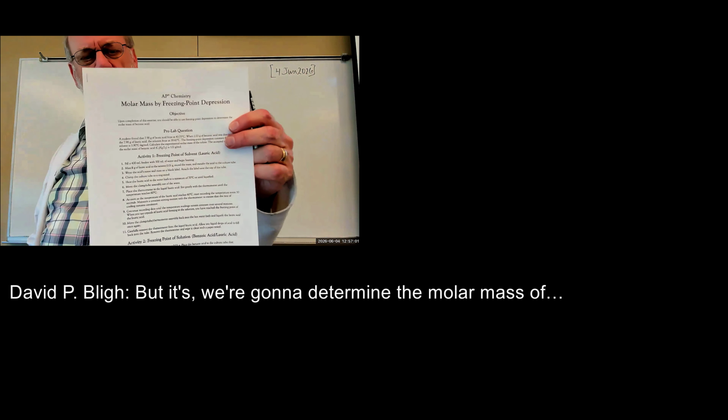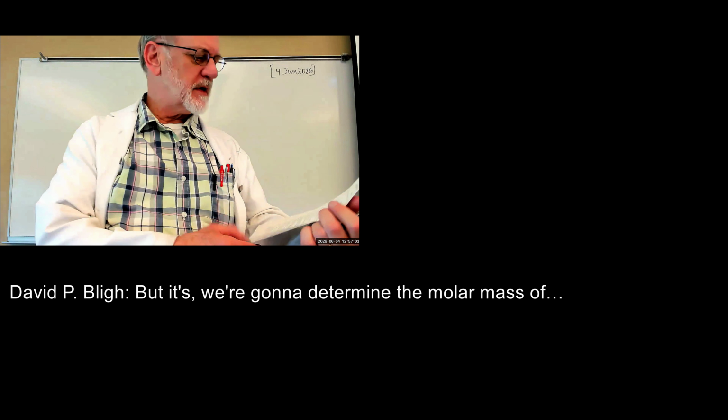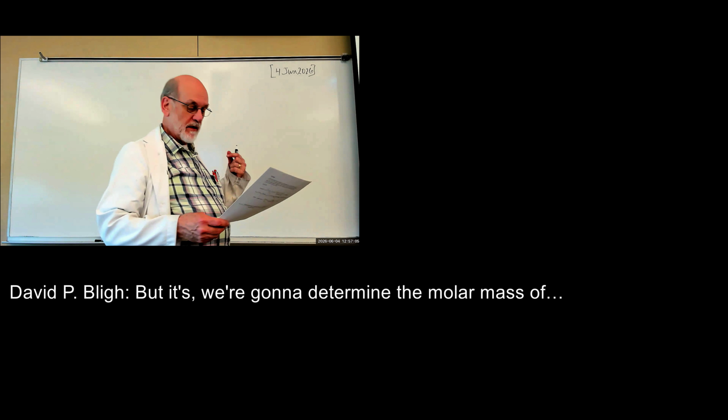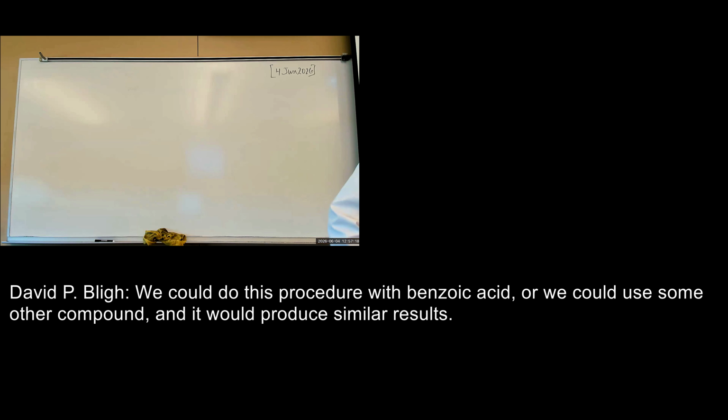I don't think I've handed this one out yet, but we're going to determine the molar mass of benzoic acid using freezing point depression. Remember, freezing point depression is a colligative property, which means we could do this procedure with benzoic acid, or we could use some other compound, and it would produce similar results.